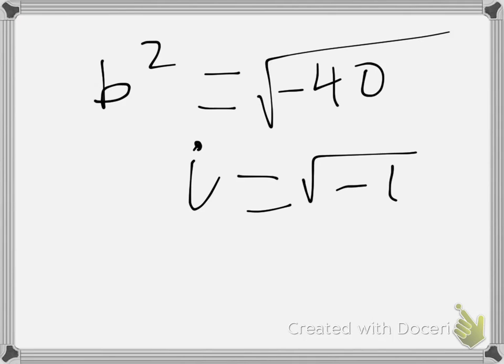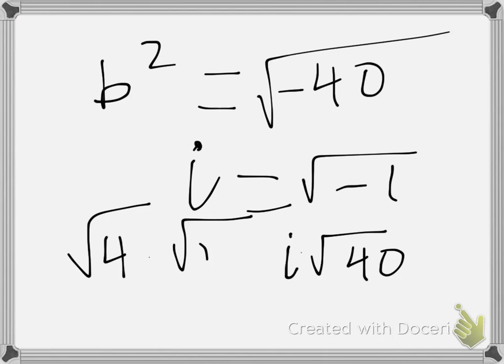So we can write this as i times the square root of 40. And then we can simplify the square root of 40 to 2 root 10. So you get 2 root 10, and I'm pretty sure you can't simplify that anymore. So we're just going to leave it as that.